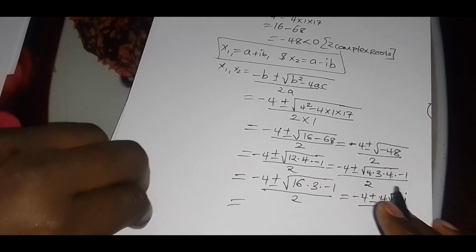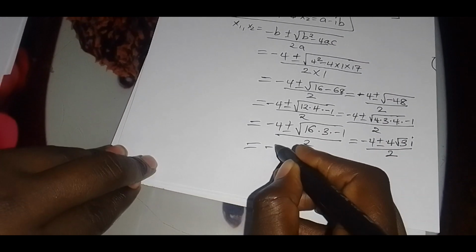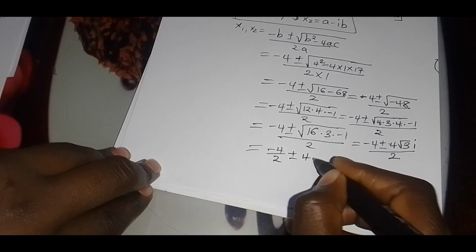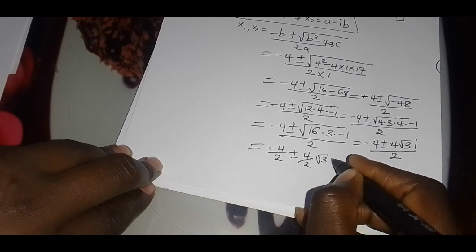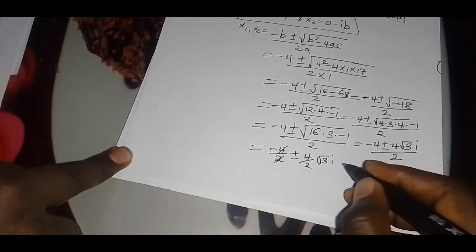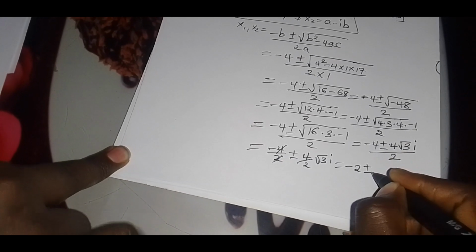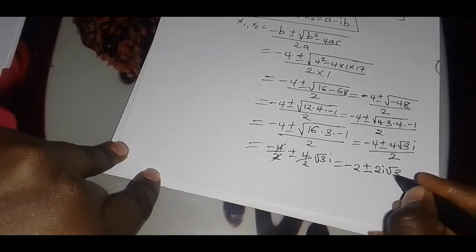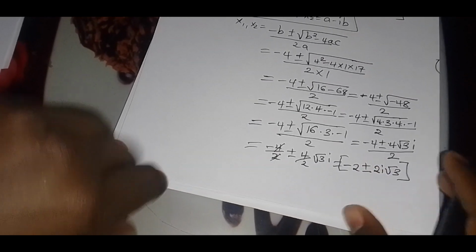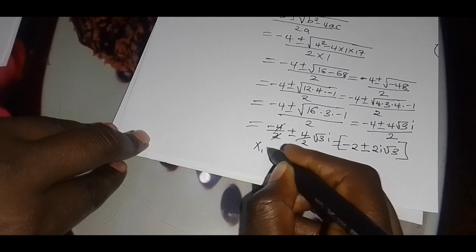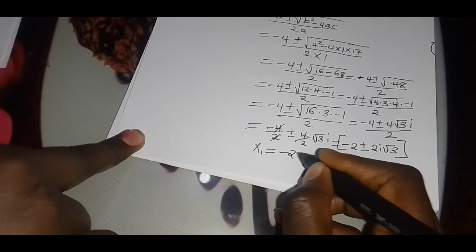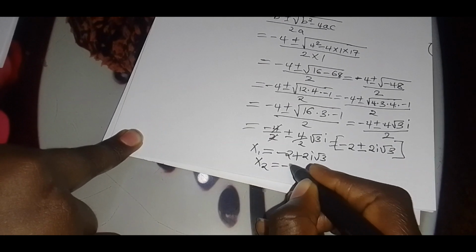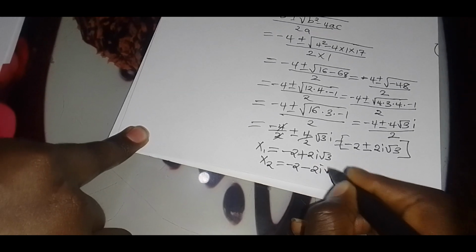So we'll have negative 4 divided by 2 plus or minus 4 divided by 2 times i square root of 3. If you simplify this, we have negative 2 plus or minus 2i square root of 3. That means x1 is equal to negative 2 plus 2i square root of 3, and x2 is equal to negative 2 minus 2i square root of 3.